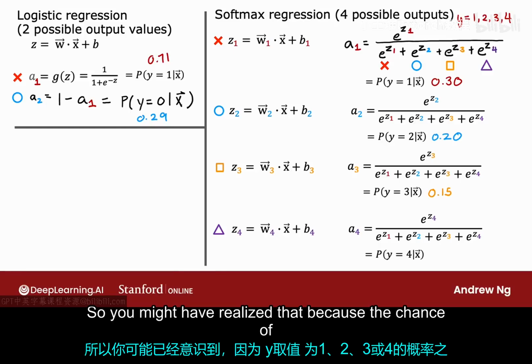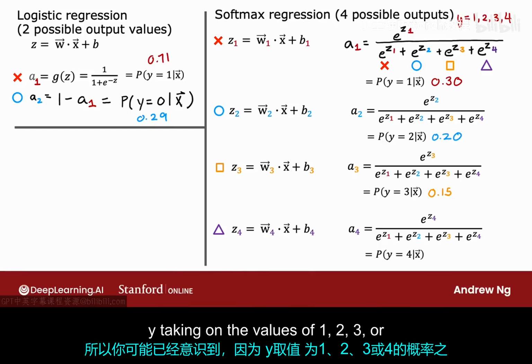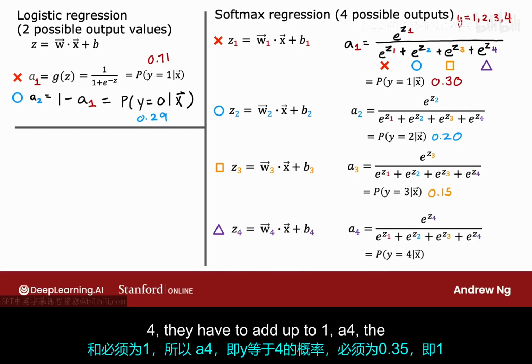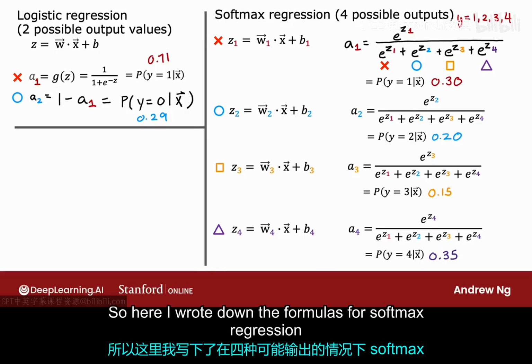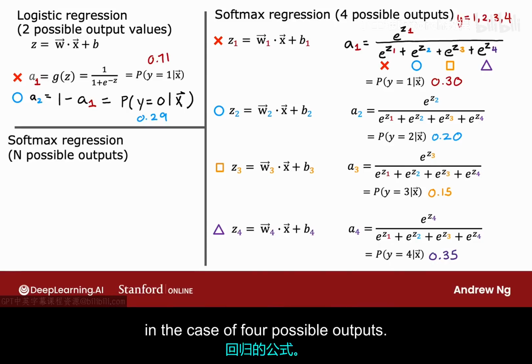So you might have realized that because the chance of y taking on the values of 1, 2, 3, or 4 have to add up to 1, A4, the chance of y being equal to 4, has to be 0.35, which is 1 minus 0.3 minus 0.2 minus 0.15.